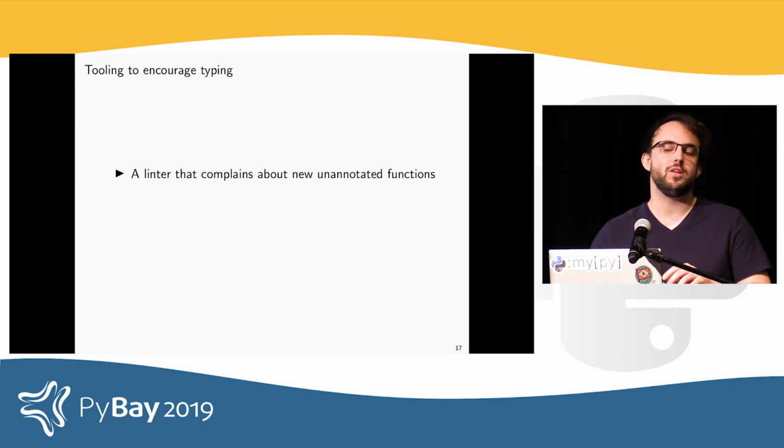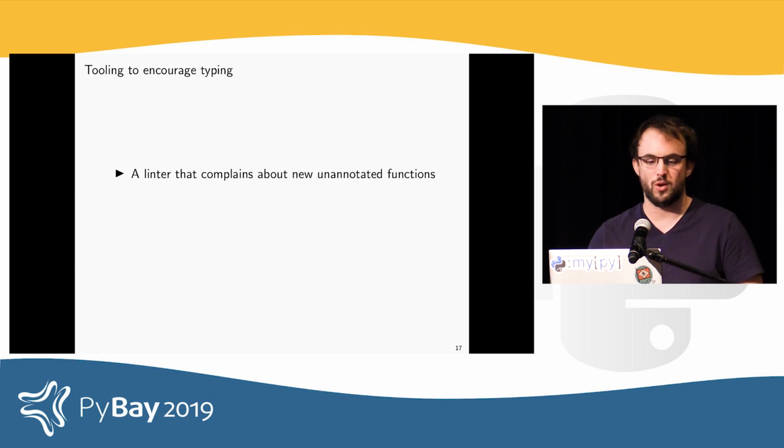So we do a bunch to nag people, and those are all sort of social measures. We've also had a bunch of technical measures to try to encourage typing. We have a linter tool that complains whenever you add or change a function and don't put an annotation on it. And we recently bumped that up from being an advice to being a warning.